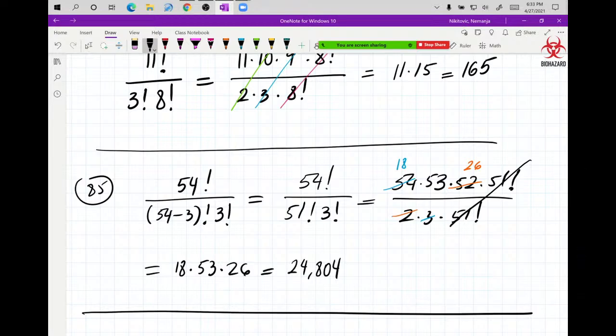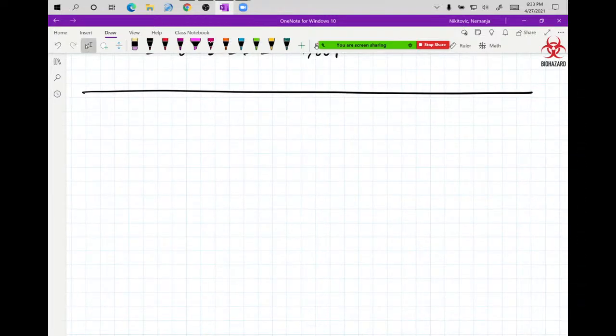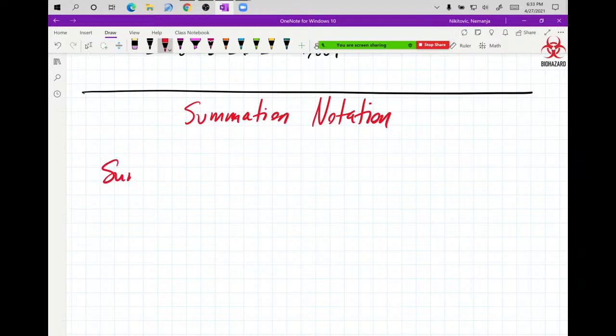Last concept that we need to talk about here is this summation notation, which is sum of the sequence, also known as series.